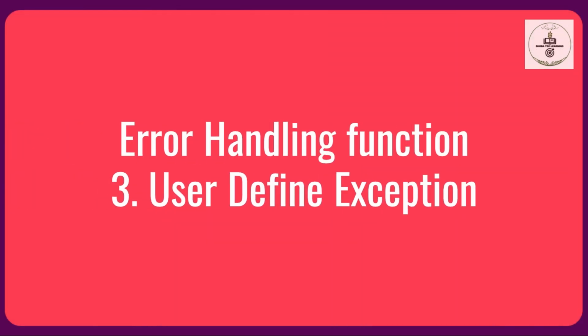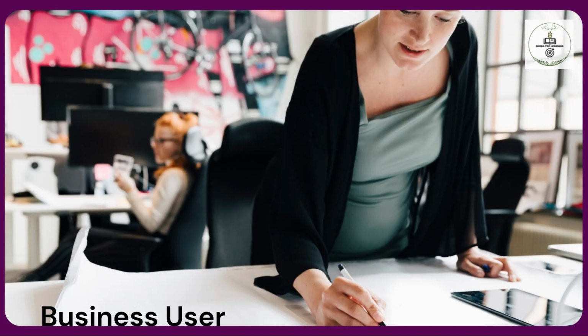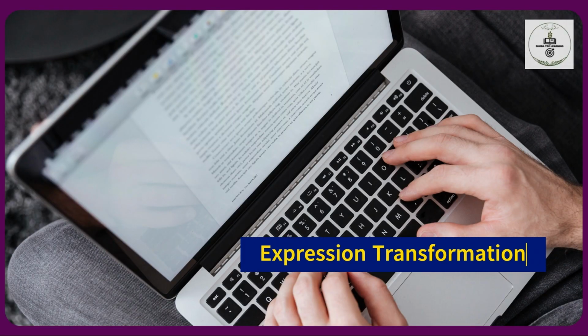The third error handling type is user defined exception. From the name itself you can tell that this exception is defined by the user, that is, the business user. They define it with the help of expression transformations.